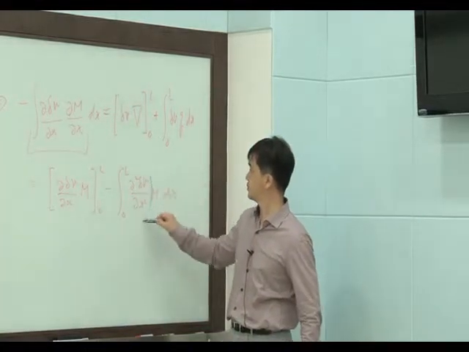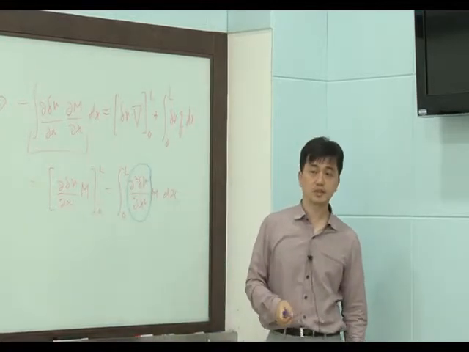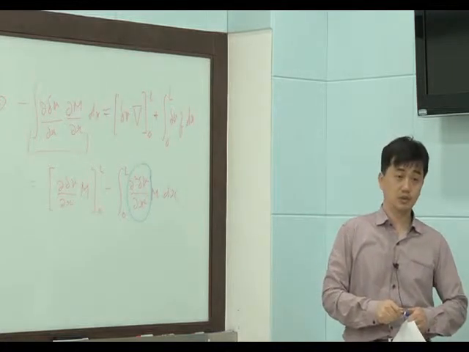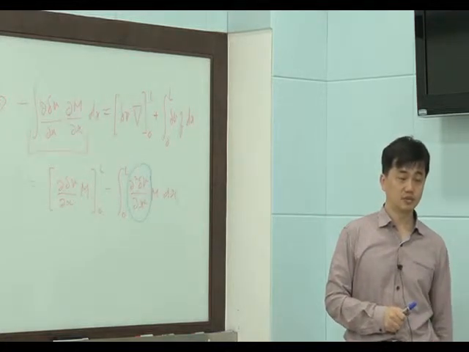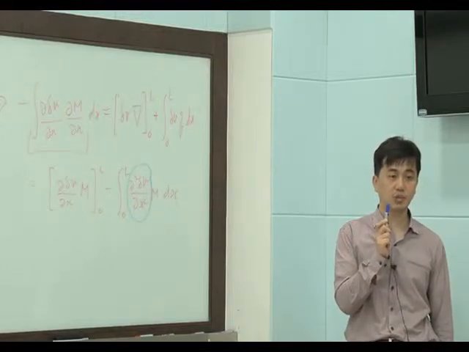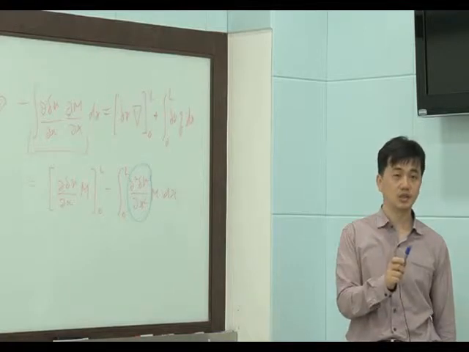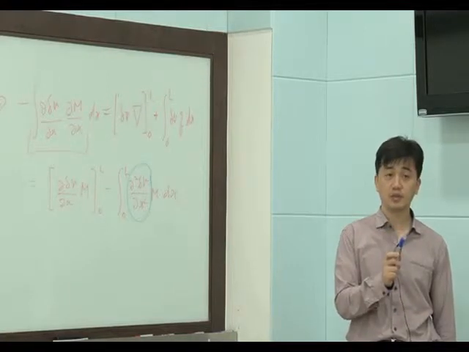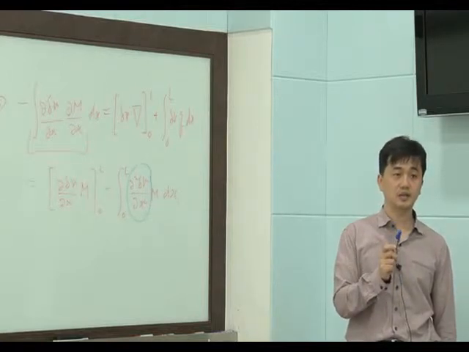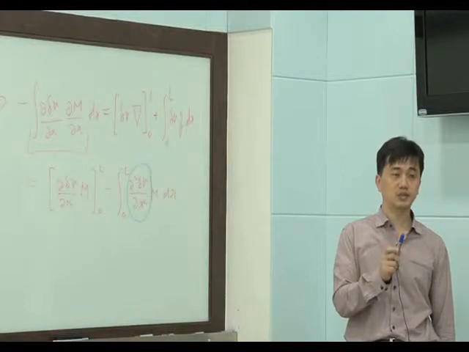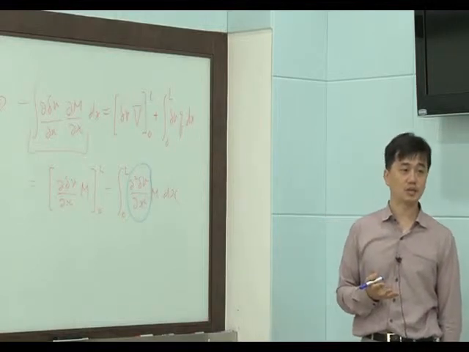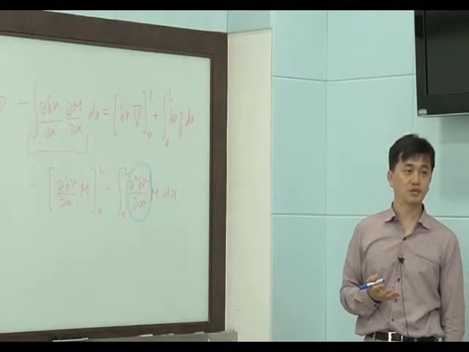And let's look at this term. What's this, physically? In Euler beam theory, let's consider we are using Euler beam theory. If I take the derivative of displacement once, we can calculate the slope, which is a rotation. If I take the derivative of displacement about x twice, then what can we have?